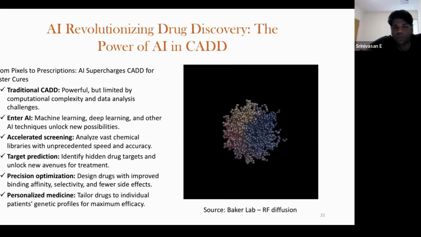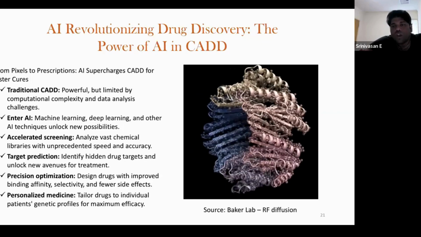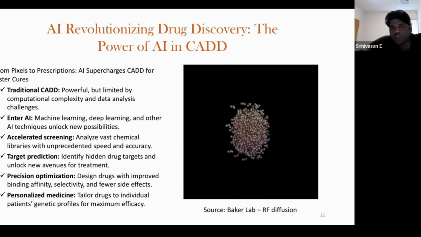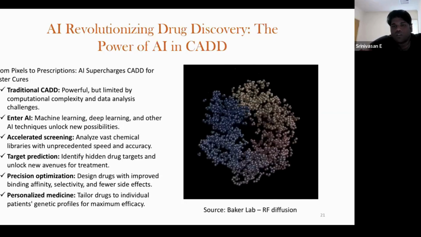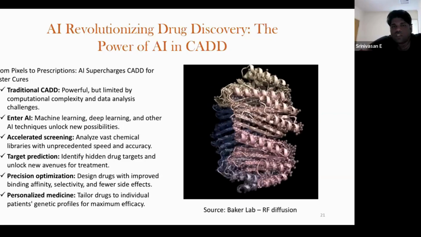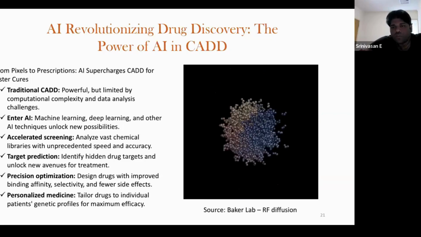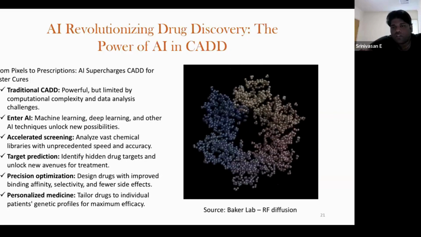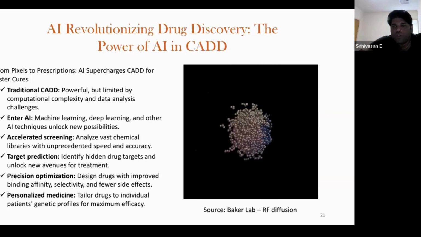So this could help in finding very precise molecules. It can be used in personalized medicine, or it can be used in formulations. So you name it, AI has it. It's the most important field in the world, which is developing so fast. And I think this is where the future of computer-aided drug design relies.